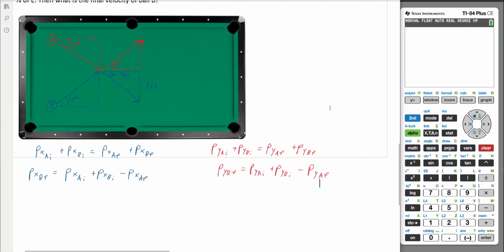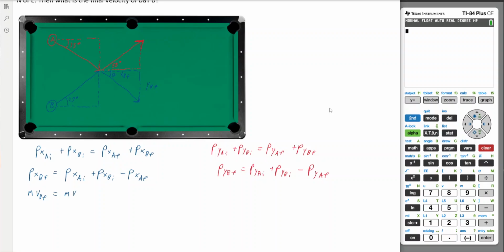Okay, now what we're going to do is actually solve for the straight up velocity. I think it'll be easier for us if we think about that. So we're going to put in all of the different actual values.